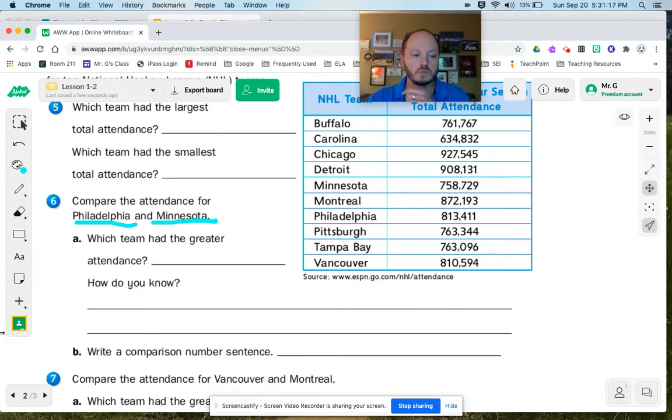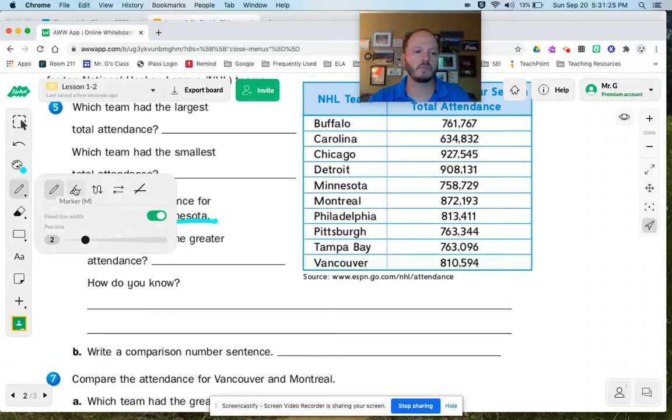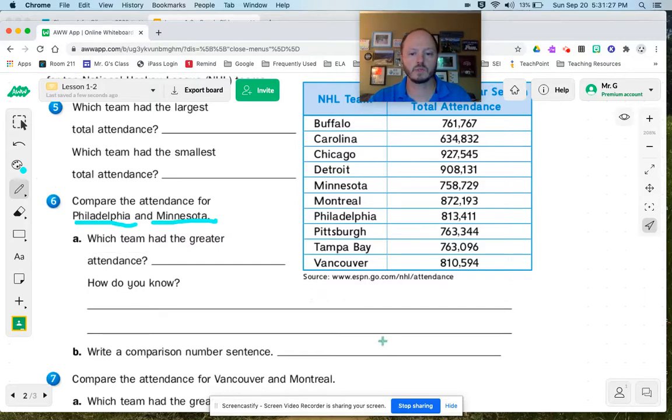So I'd like you to work on these journal pages. I'd like you to try to answer as much as you can. And when we say comparison number sentence, right down here, I'm noticing part B. There should be two numbers, and there should be either a greater than sign or a less than sign between them. Okay. One or the other. Okay. And then they're going to have you compare some more teams.